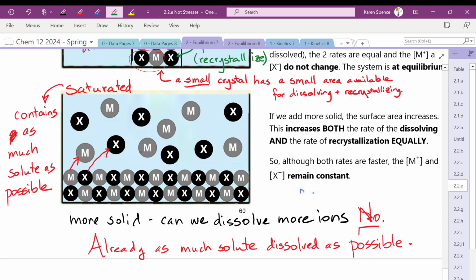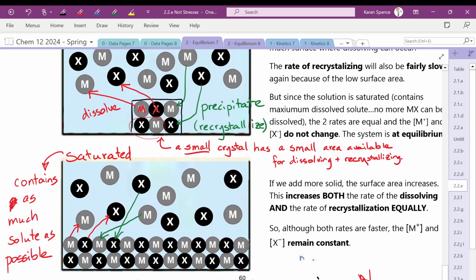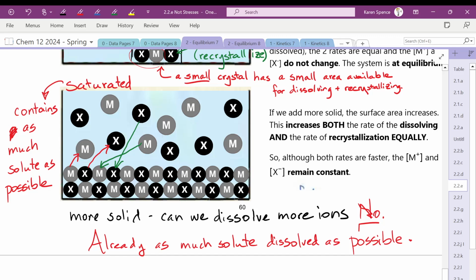But for every M and X that dissolve, I can have another M and another X that recrystallize. And remember, before we could only have like one particle dissolving and one particle precipitating because the surface was very small. Now we have a larger surface.